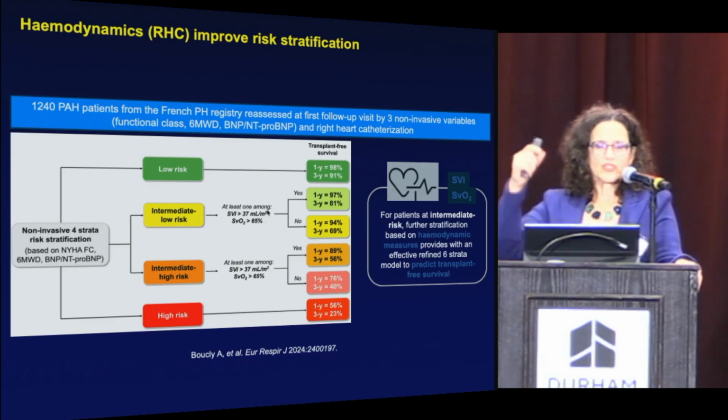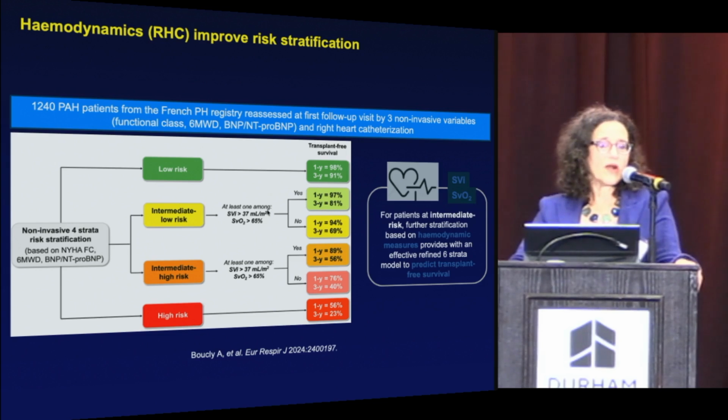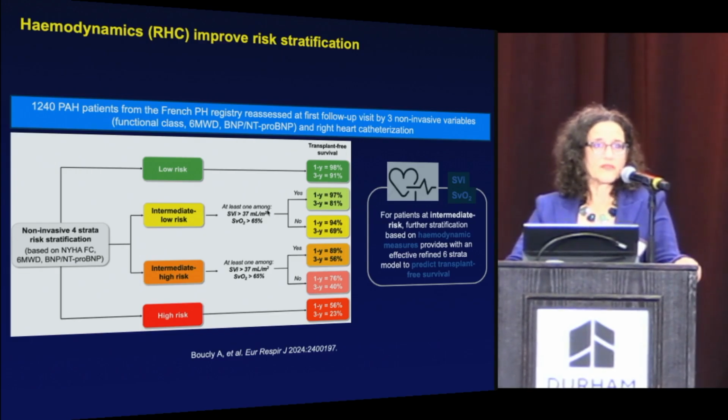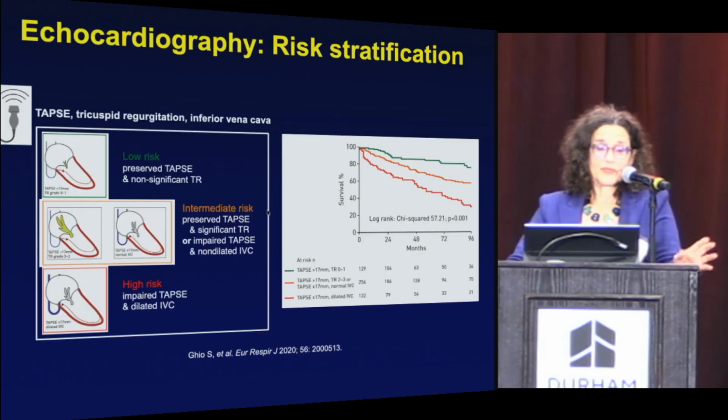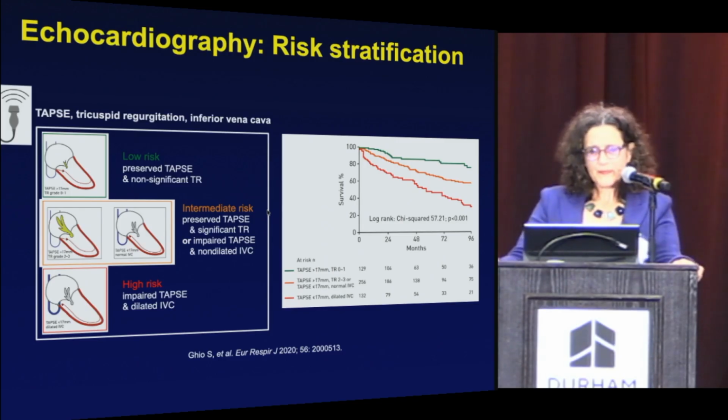And so they stratified that intermediate low and intermediate high risk group further based on hemodynamics. So I do think this is an important complement. Hemodynamics is an important complement to the non-invasive risk stratification. And I personally use hemodynamics and echo a lot to help complement that.